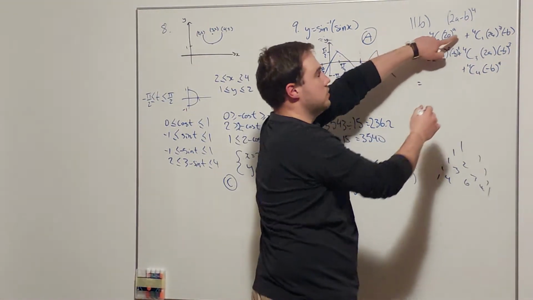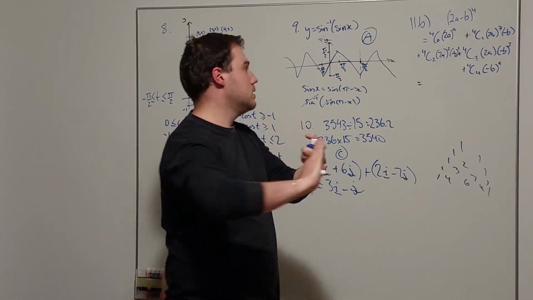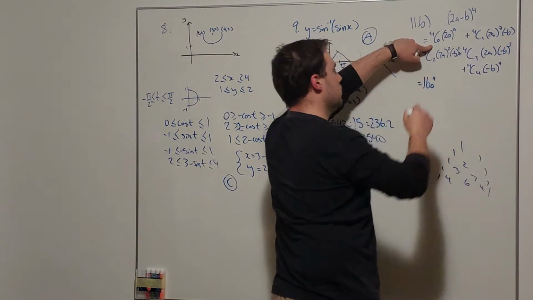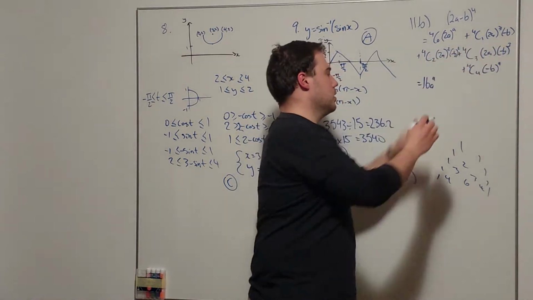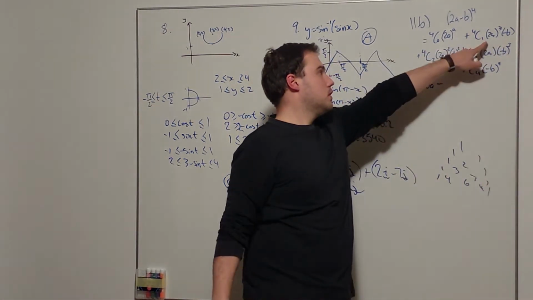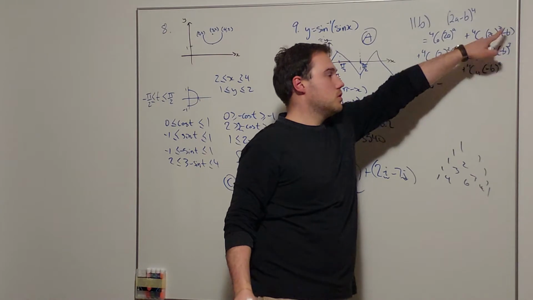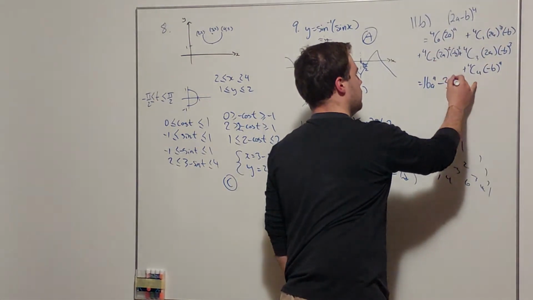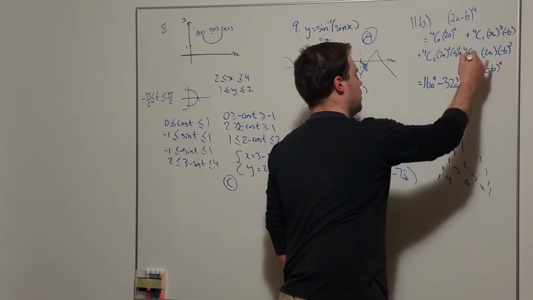So we're going to have 2 to the 4 is 2, 4, 8, 16 times 1, 16A to the 4. We're going to have plus and minus is going to be negative. That's 4, 2 cubed, 2, 4, 8 times 4 is 32, A cubed B.